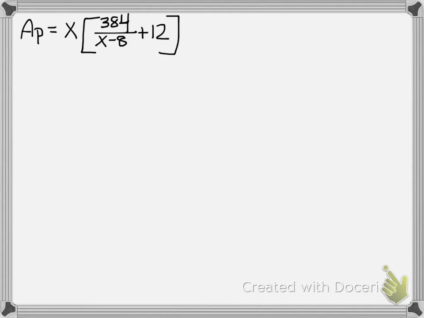So this was our equation, and as you can tell we have X times something else. So we're going to be using the product rule. And the something else, our second part, actually has a fraction in it, so we're also going to have to use the quotient rule when we go to take the derivative for our product rule. So it's kind of like a derivative inside a derivative, but y'all should be comfortable with that by now.